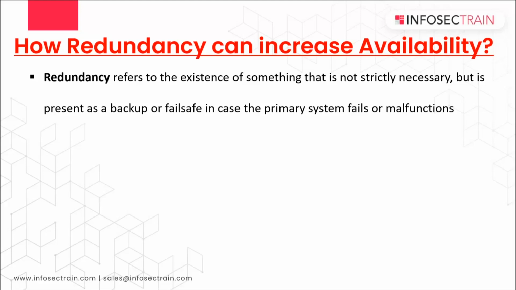In the context of information technology, availability is often measured as a percentage of uptime over a given period of time. For example, a system that is available 99% of the time would have 3.65 days of downtime per year.